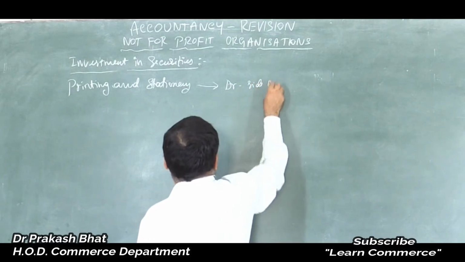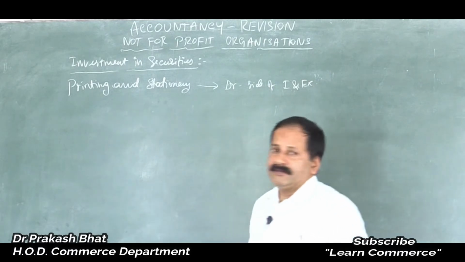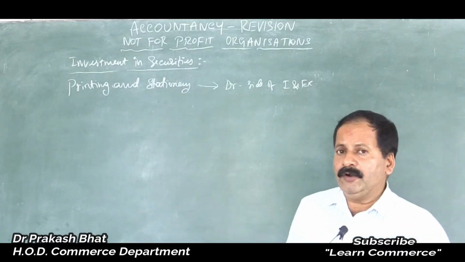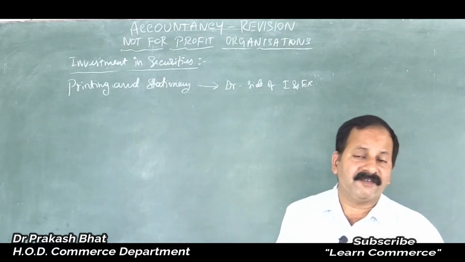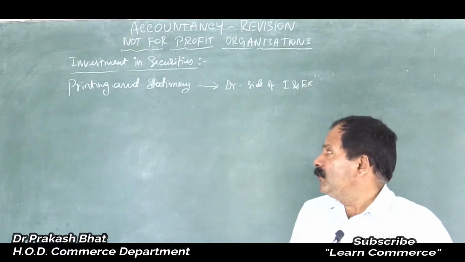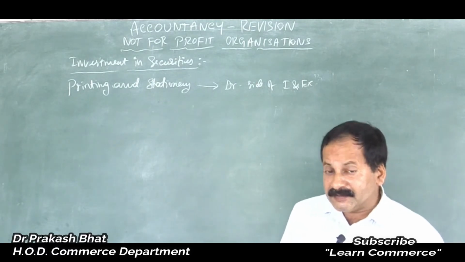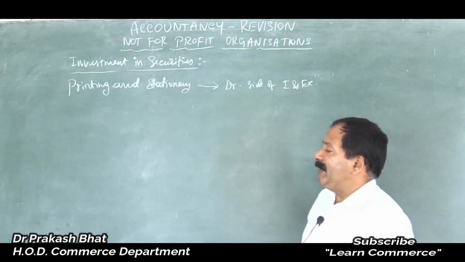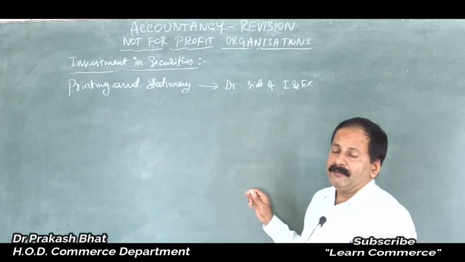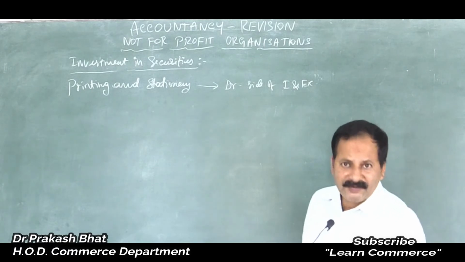It will not go to the balance sheet. But remember friends, the stock of stationery items at the end, if it is given in the problem, should be entered where? In the balance sheet, because those are items that are lying, that is stock, which is an asset, right?